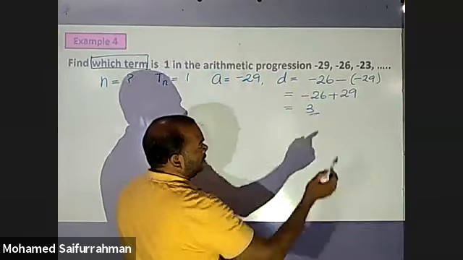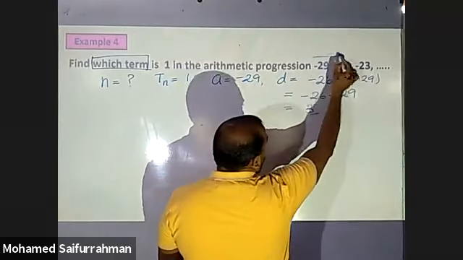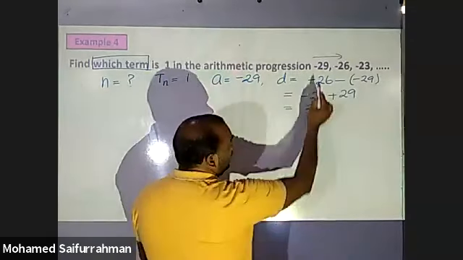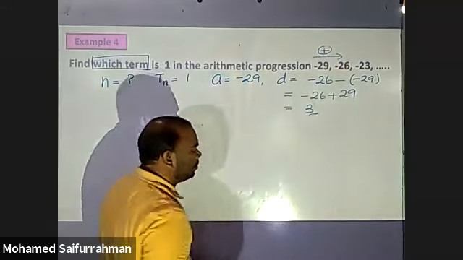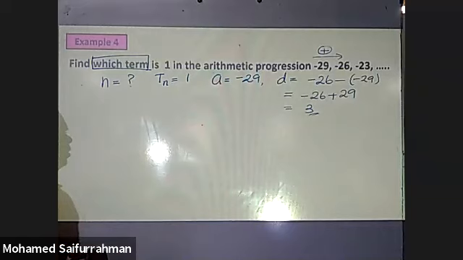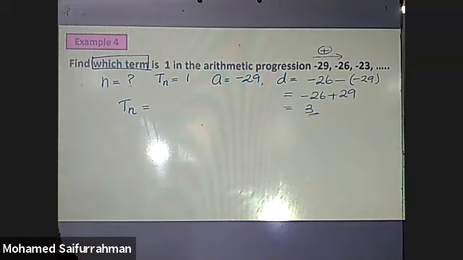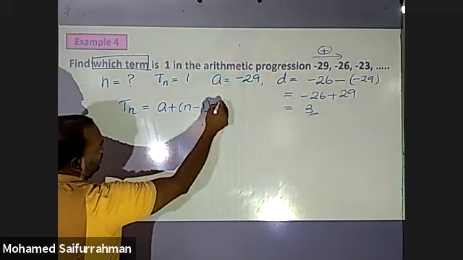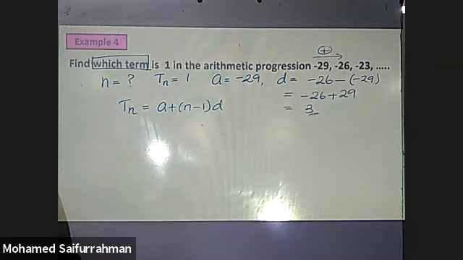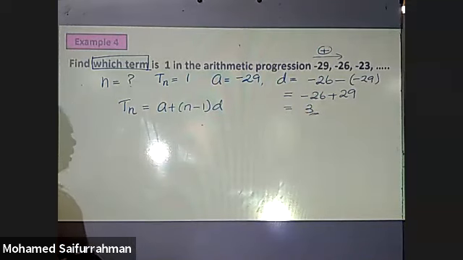I told you that once, increasing progression means D is positive, plus 3. Let's use the equation: Tn equals a plus n minus 1 times d.